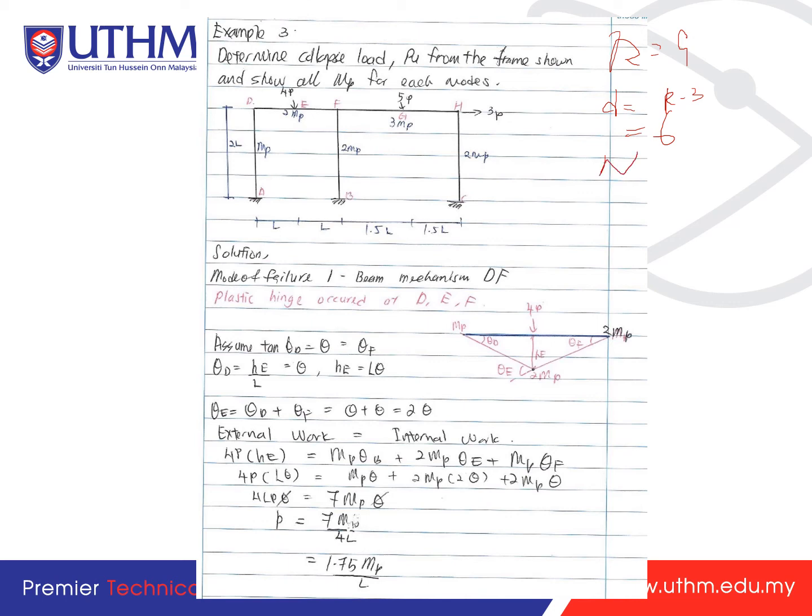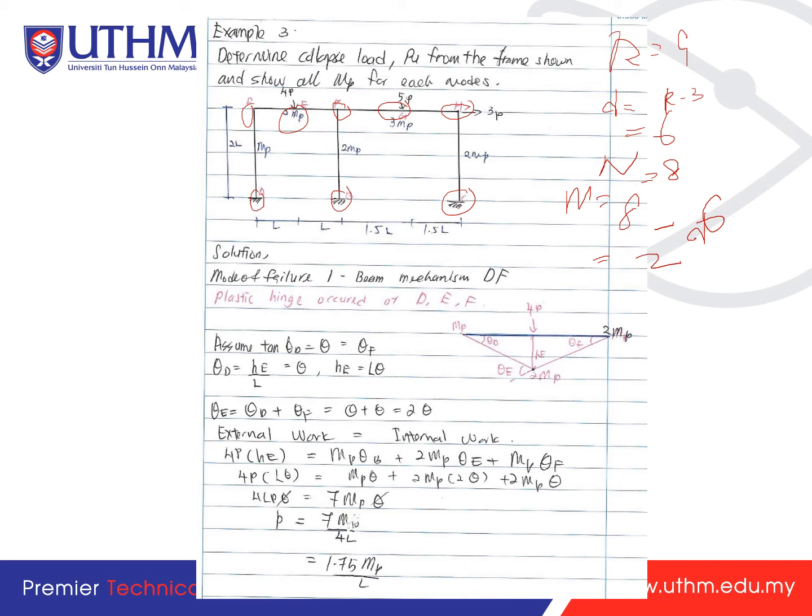N is equal to 1, 2, 3, 4, 5, 6, 7, and 8. So we have 8, so M is equal to 8 minus D, which is 8 minus 6, equal to 2.